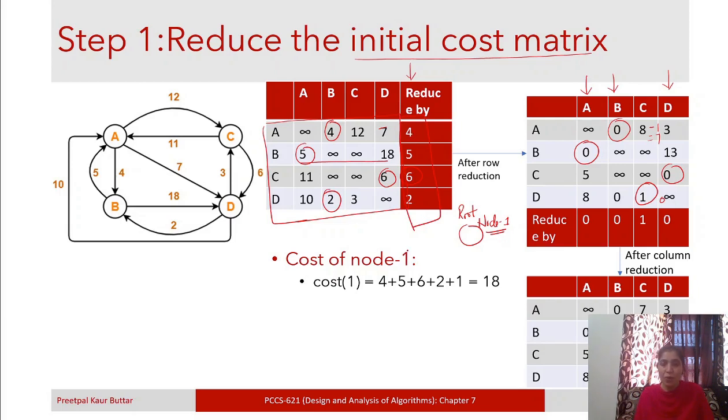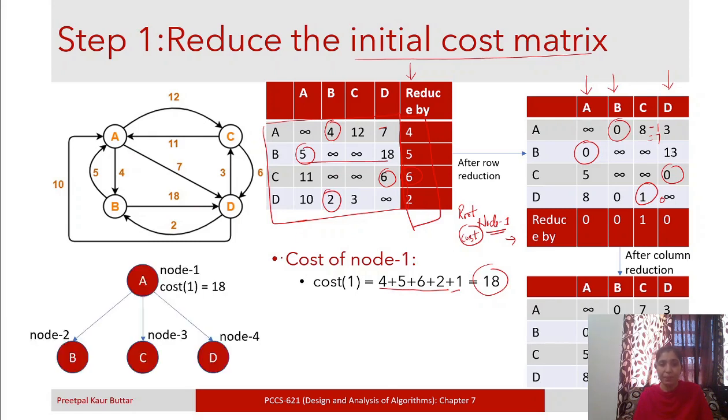So 4 plus 5 plus 6 plus 2, these are the row reduction values, and these are the column reduction values, 0, 0, 1, and 0. So the total is 18. So it means we have computed a bound on the cost of solving the traveling salesperson problem on this graph, and the bound is 18. So node 1's cost is 18.